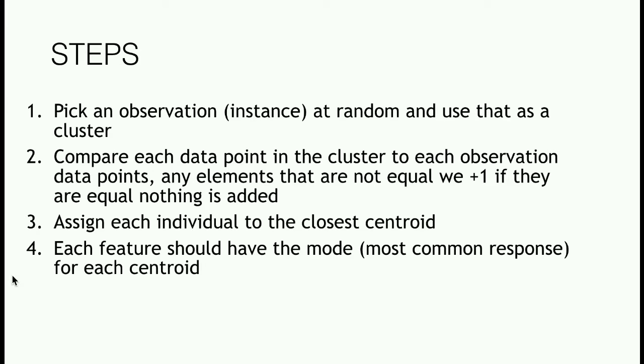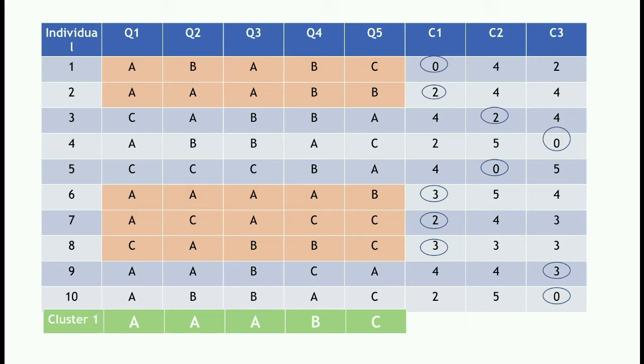Now, the step after that is to find the modes for each feature of each centroid. Okay, so let's try and make sense of this. This is where the name K modes comes in. Let's look at the first cluster. All the people that are assigned to cluster 1, I've highlighted in an orangey color, just to make it easier for you to see.